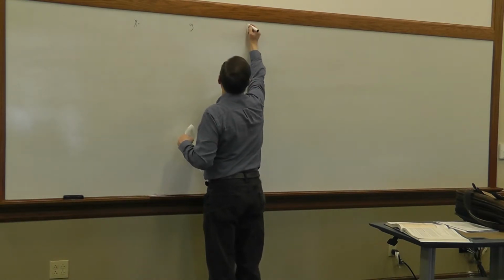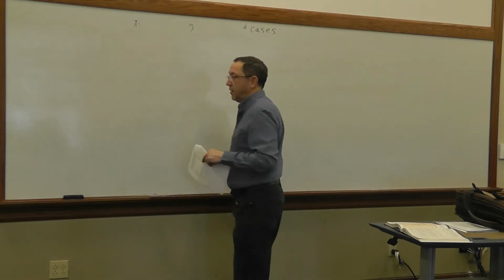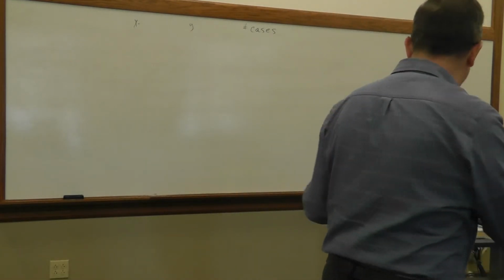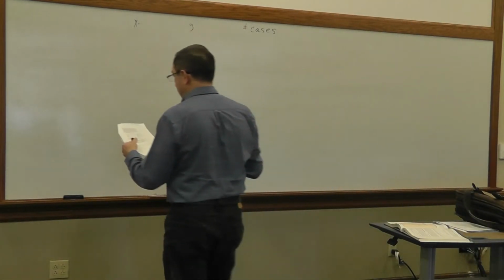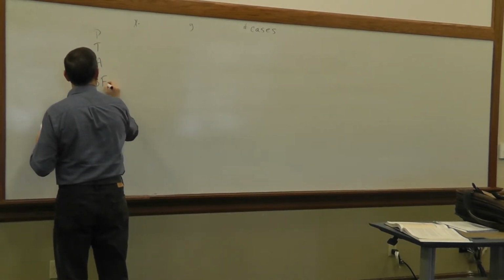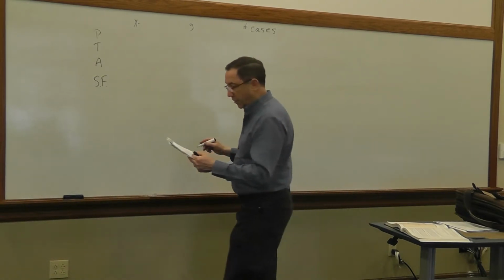So in this case, that measure is the number of cases. Could be number of cases, could be pounds, could be cubic feet, could be truckloads. In this case, the measure is the number of cases. And we've got 4: Phoenix, Tucson, Albuquerque, and Santa Fe, the New Mexico Santa Fe, not the California one.